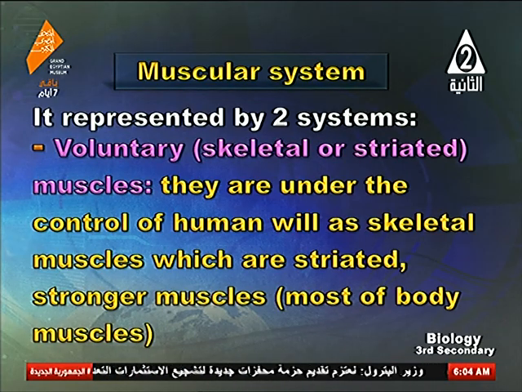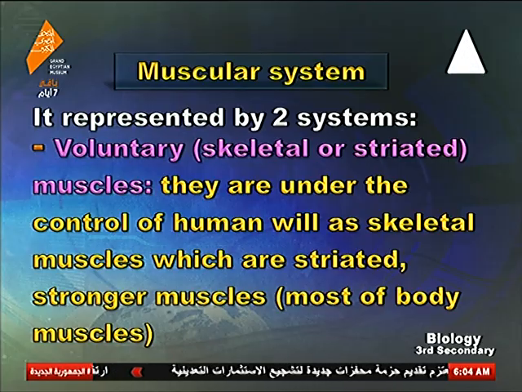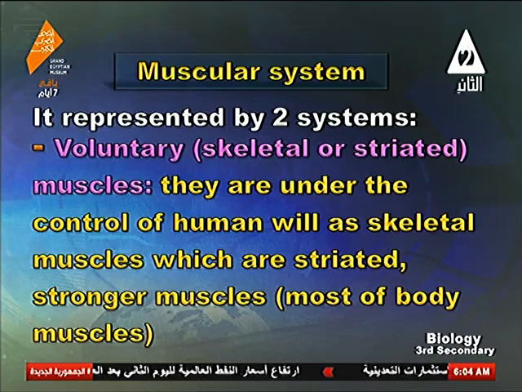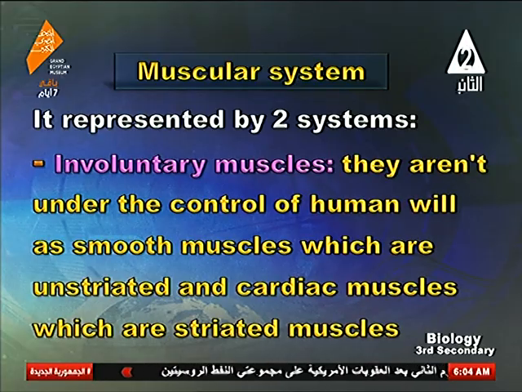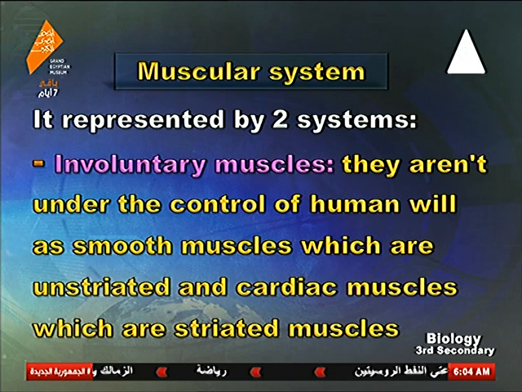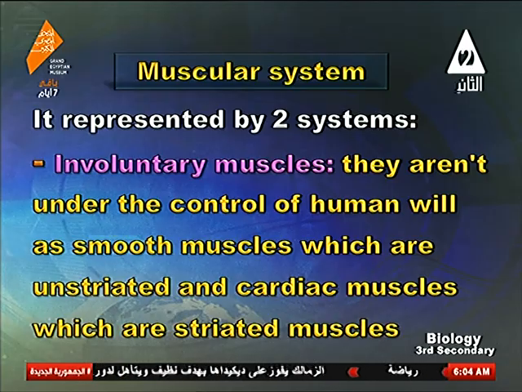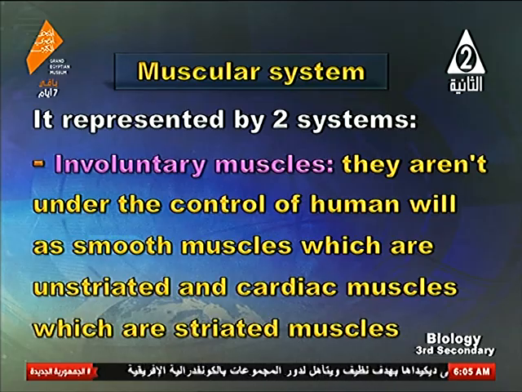Voluntary, skeletal or striated muscles, are under the control of human will, as skeletal muscles, which are striated and stronger muscles. They represent most of the body muscles. Involuntary muscles are not under the control of human will. I cannot control them, okay? As smooth muscles, which are unstriated, such as the muscles of blood vessels. Cardiac muscles are also striated muscles, such as the muscles of the heart. Cardiac muscles are only the muscles of the heart, okay?